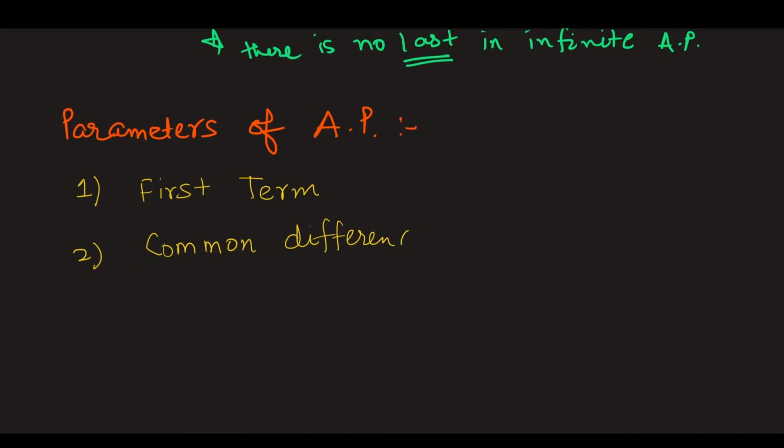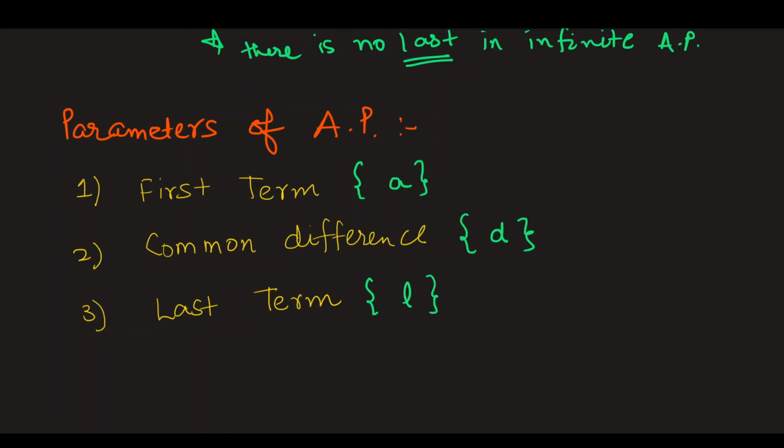Okay, then there is a third parameter, say last term. And how do we denote these? It is generally denoted by small a, it is generally denoted by small d, and it is generally denoted by small l. L for last term, a for first term, and d for common difference.